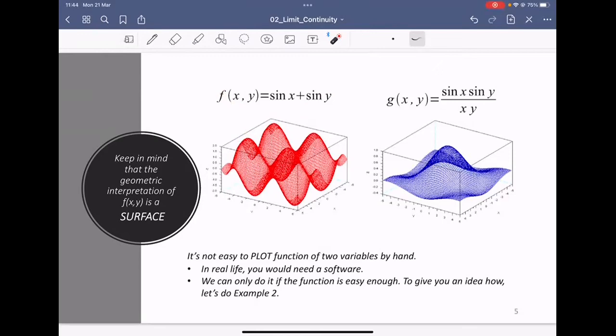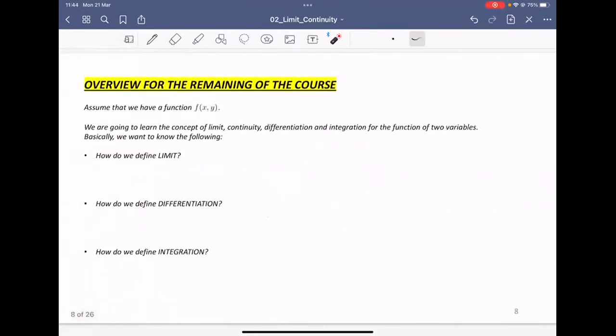Well, we're going to wrap up the class today by looking at an overview of the remainder of the course. The content for today, I need to summarize again. I taught you how to draw the graph of f(x,y), and how to find the domain of f(x,y). I want you to get familiar with f(x,y), but actually what you're going to learn, we are going to forget about that picture, because this is just a picture.